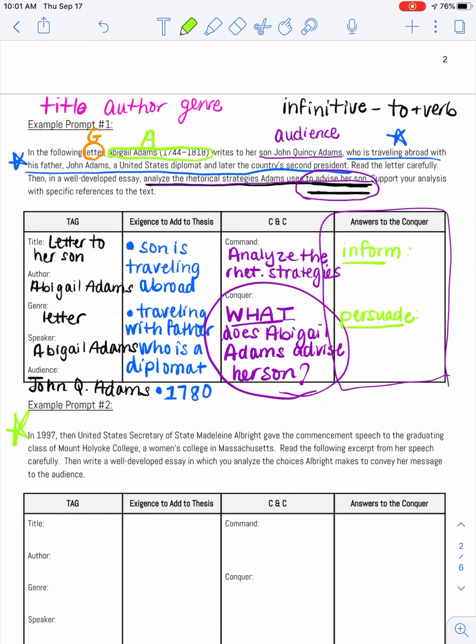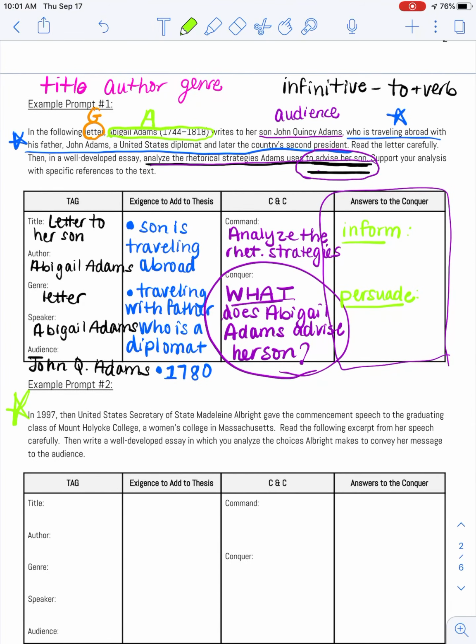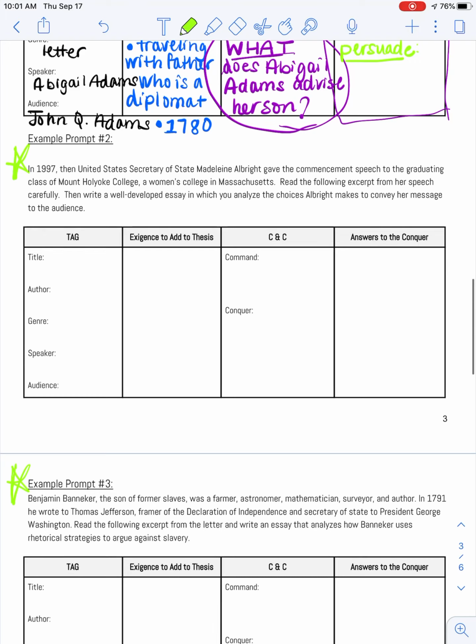What you're going to be doing is, hopefully you followed along with me with the Abigail Adams prompt, you're going to be dissecting the prompt for Madeleine Albright's speech, and also Benjamin Banneker, okay? So again, this is a letter that he wrote to Benjamin Banneker. This is a commencement speech that Madeleine Albright gave. So good luck with that. I will post an answer key for you to check after you are finished and see how yours compares to mine. Okay, thanks.